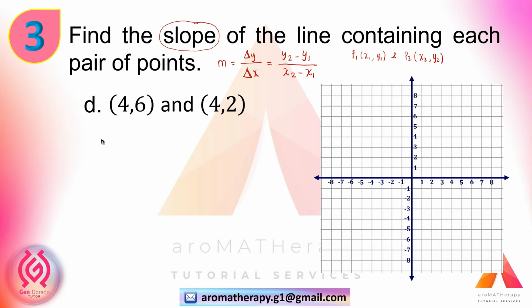M is equal to y sub 2 minus y sub 1 over x sub 2 minus x sub 1. So M is equal to, let's denote P sub 2 as (4, 6) and P sub 1 as (4, 2).